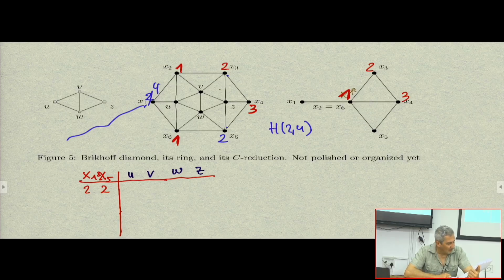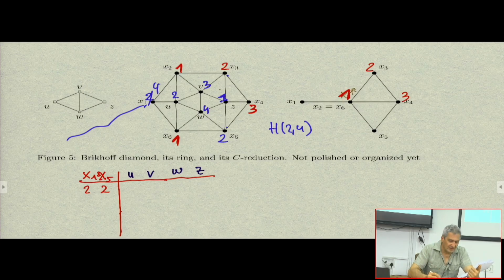Okay. And set Cu to be 2, Cv to be 3, Cw to be 4, and Cz to be 1. And this works. So he's trying here Kempe chain, yes? This is like with computer, yes?